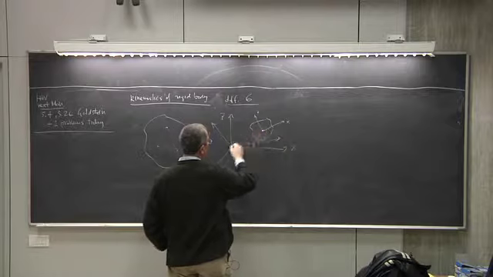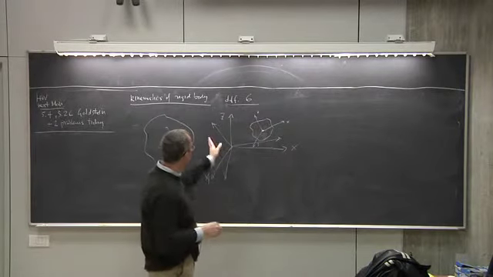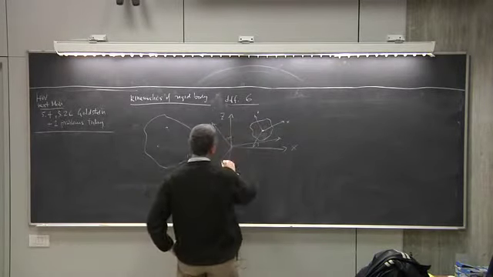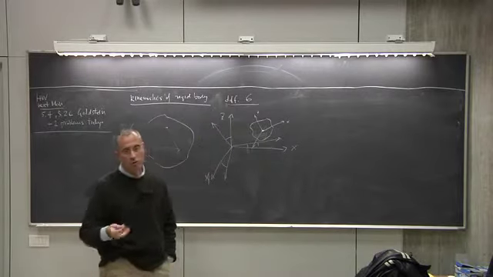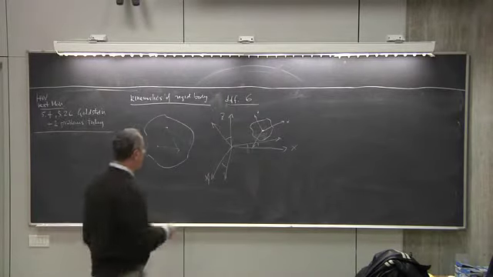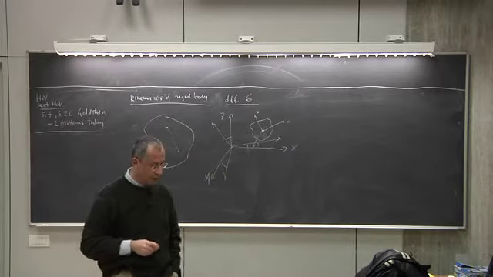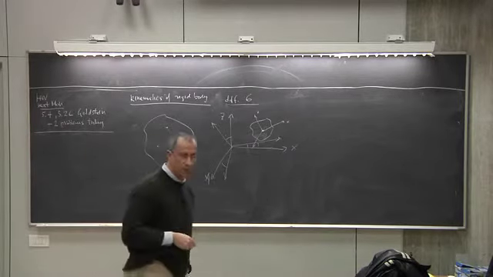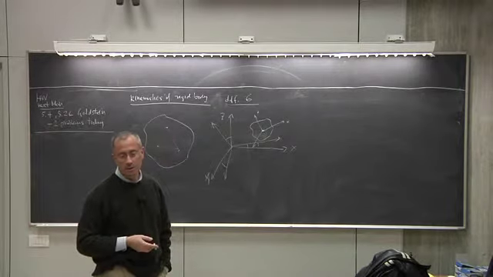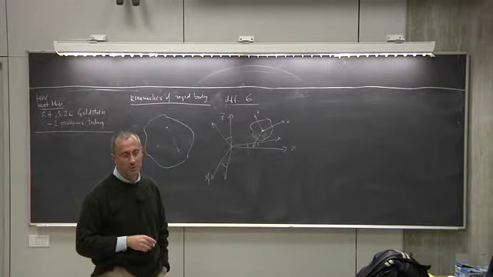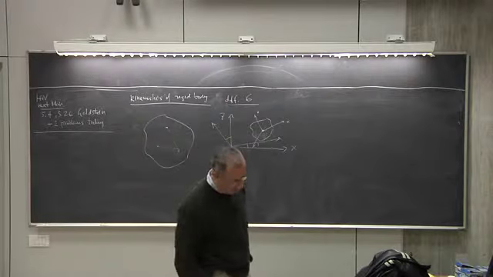I can always do this by translation, and then the cosines of these angles between the axes are called the direction cosines, okay? Have you ever seen that? Yes? No? Okay. That's not very important.